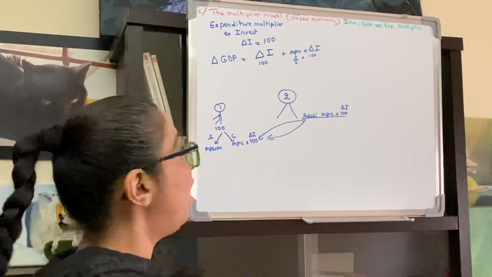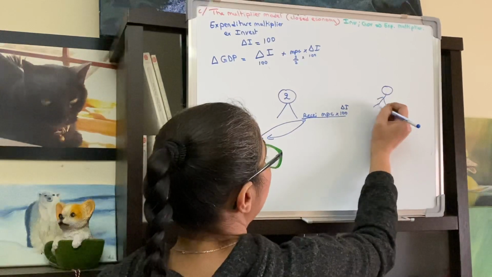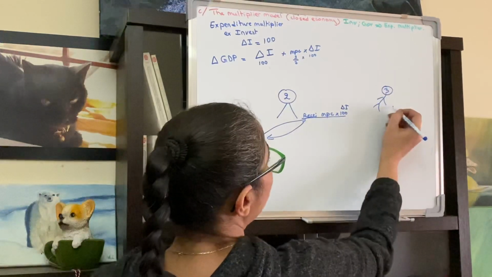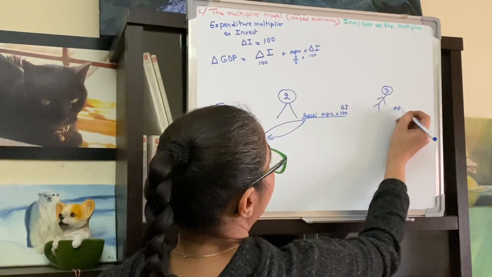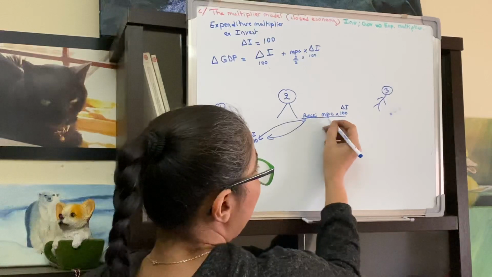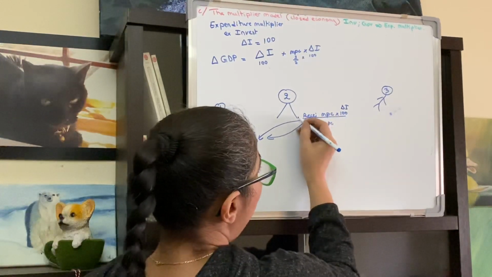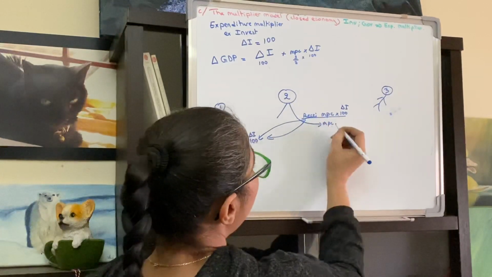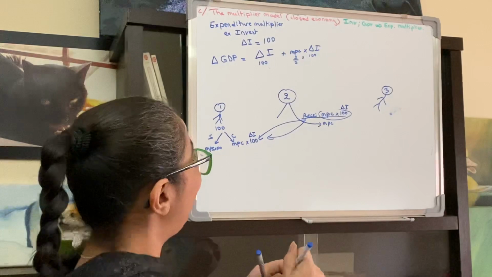Consume MPC of it. So I'm going to have another guy 3. This guy is going to spend MPC times MPC, because MPC is going to go here, of this one. Are you following with me, or did I lose you somewhere?